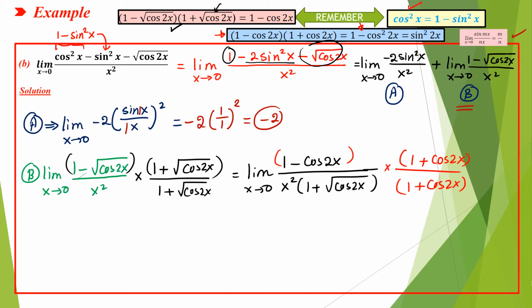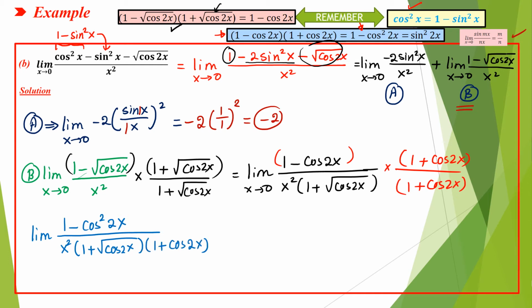So the limit will be 1 minus cosine squared 2x divided by x squared multiplied by 1 plus square root of cosine 2x multiplied by 1 plus cosine 2x when x goes to 0.